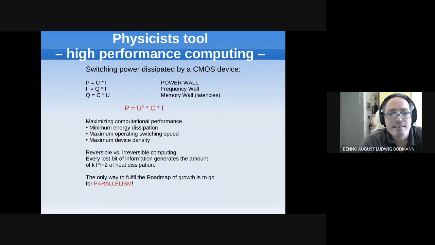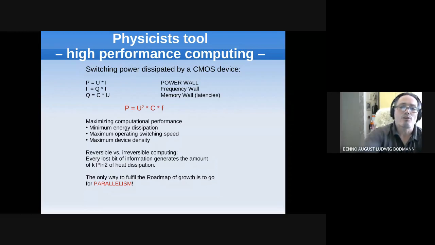But we run into limits, which is somehow the power wall, because the dissipation of heat is in the order of, say, 100 watts per square centimeter. And the computation chip has to get rid of this heat to guarantee functioning. So this is a limit of computation.